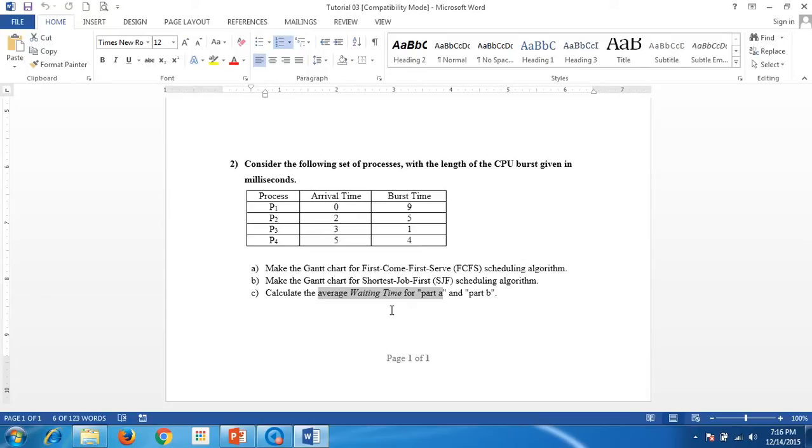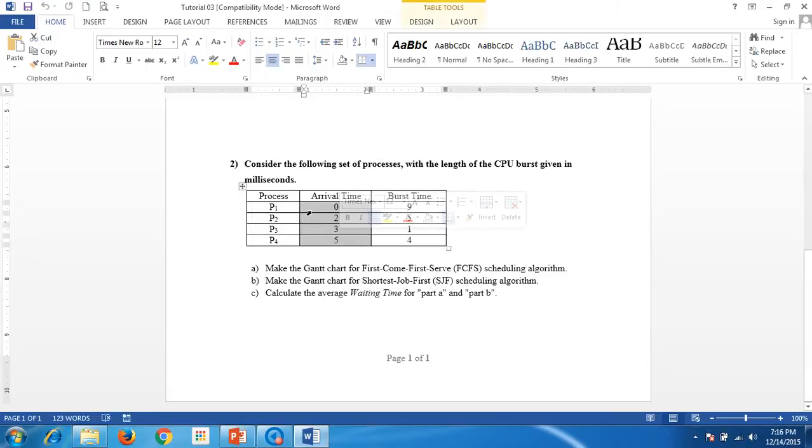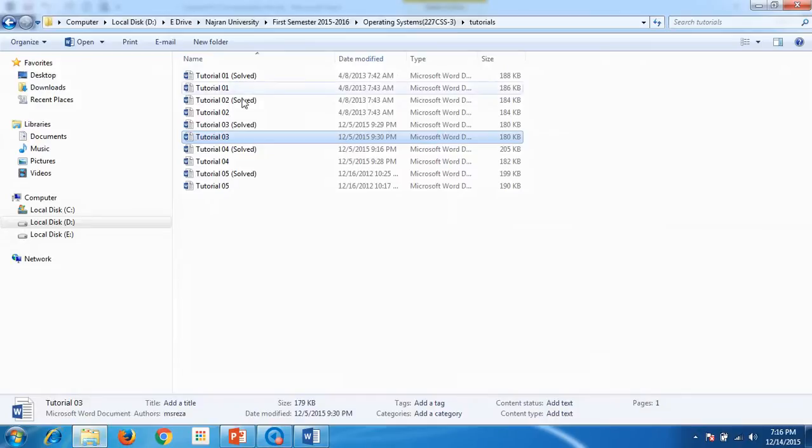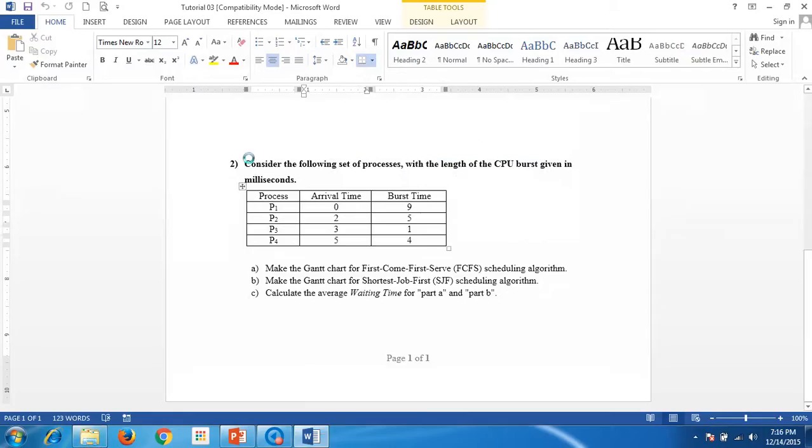In our first example, the arrival time for all processes was 0, the same, but here the arrival time is different. For P1 it is 0, for P2 it is 2, for P3 it is 3, and for P4 it is 5.